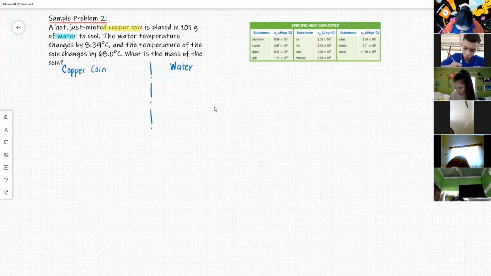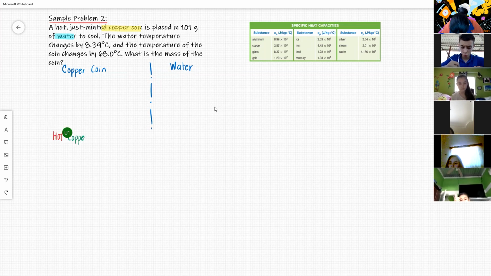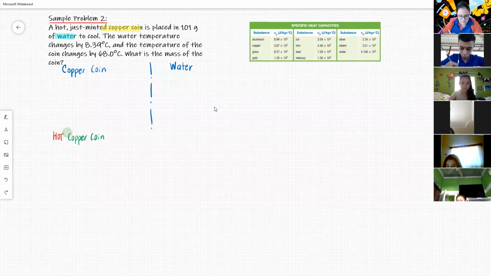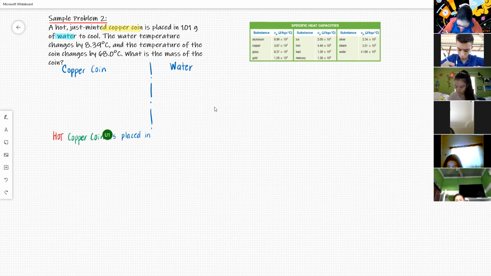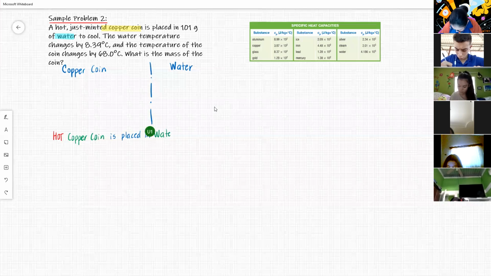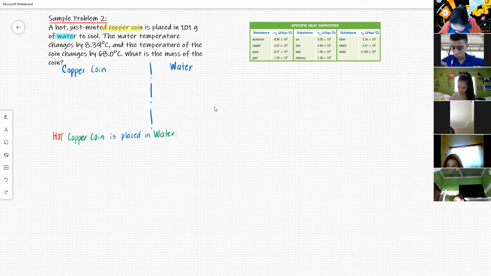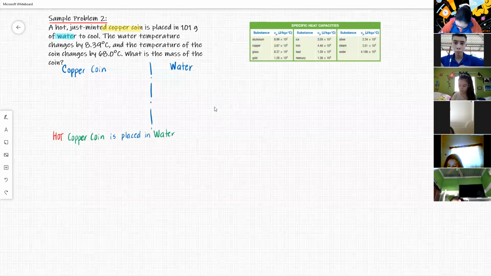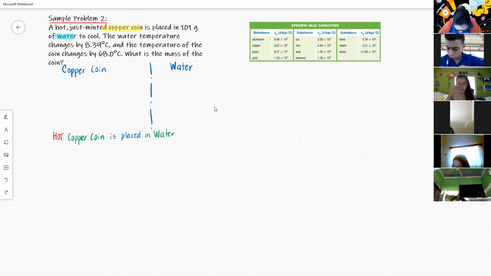In other words, the hot copper coin is placed in water to get cool.